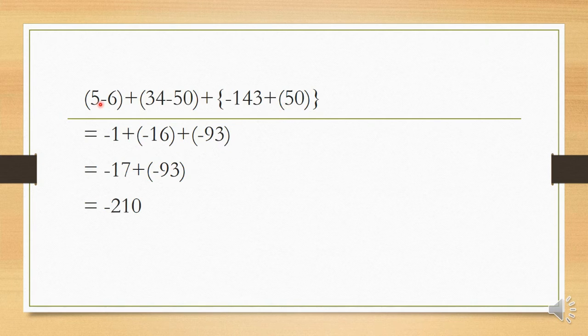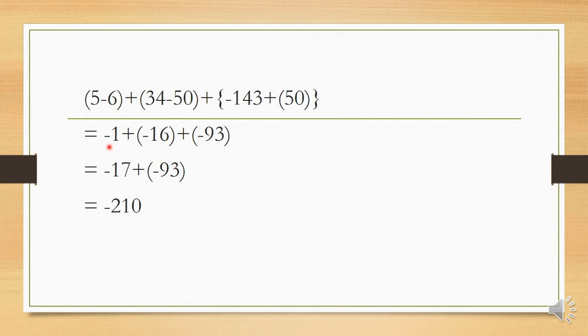So 5 minus 6 equals negative 1, plus 34 minus 50 equals negative 16, plus negative 143 plus positive 50 equals negative 93. Next, we add negative 1 plus negative 16 since they have the same sign.